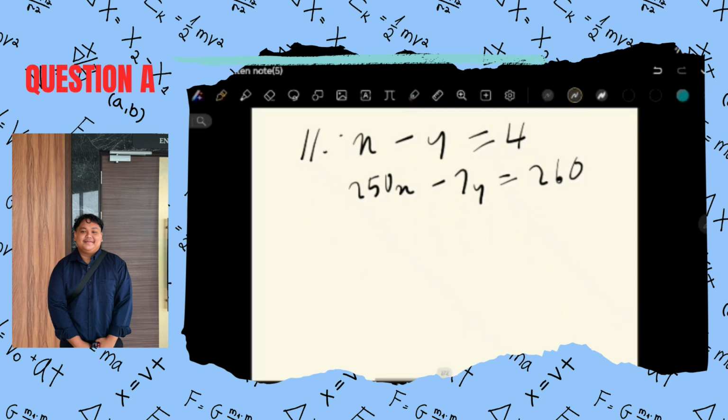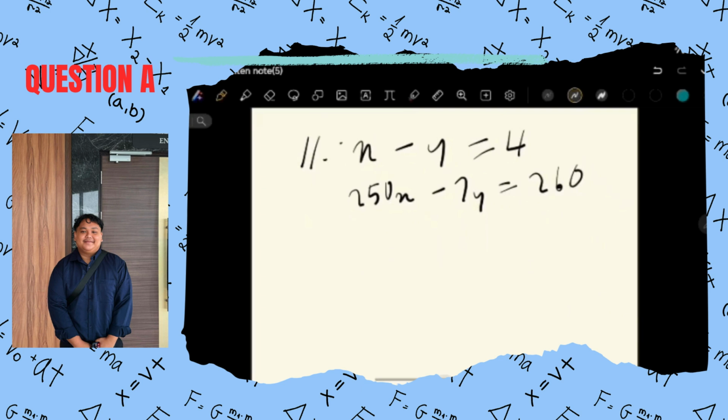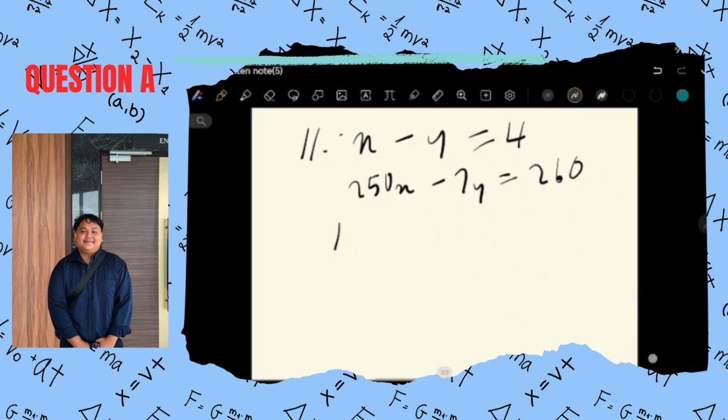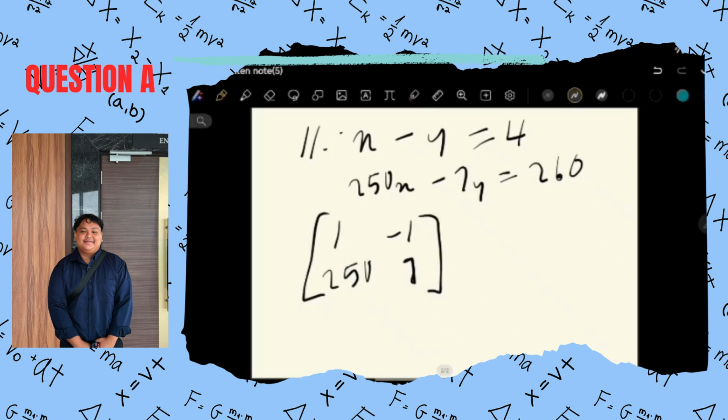We must use these two equations. First, we must put them in a bracket. The x means it represents 1 and y also represents 1, and don't forget the negative. We must bring it, and this also we put in, and 7. Make the bracket for the matrix.